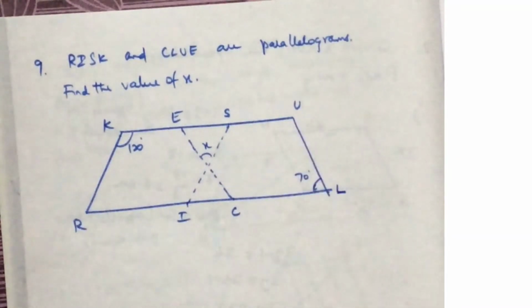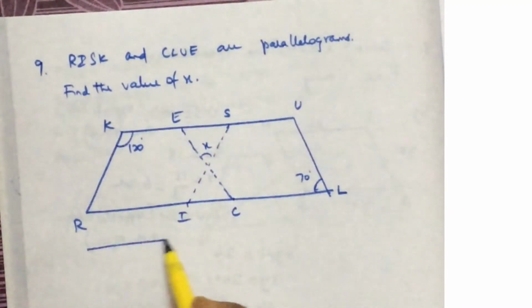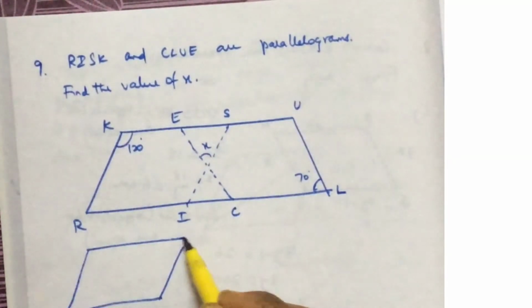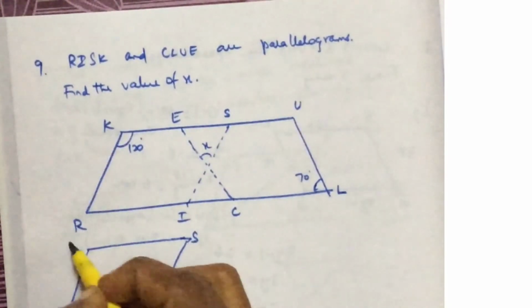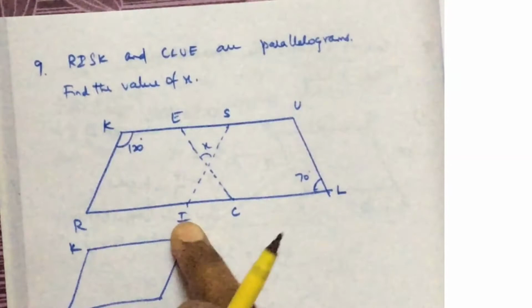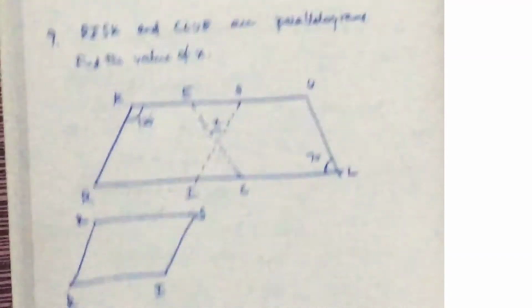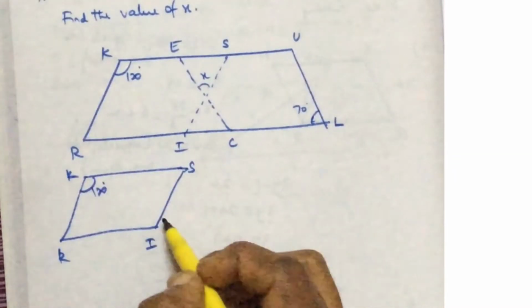So, first you see this parallelogram alone. I am drawing this. What is this parallelogram? This is RISK. I am drawing this parallelogram alone. If this is 120, this is 120.